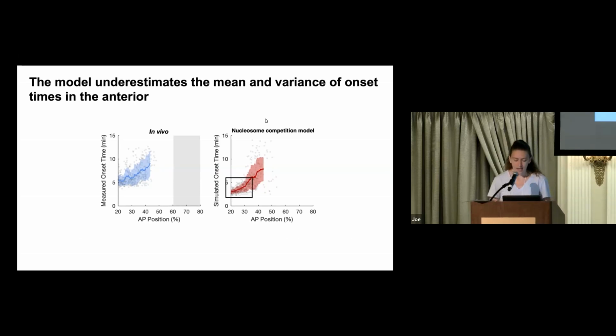However, if you look at the onset times in the far anterior of the embryo at high Bicoid concentrations, the model still fails to predict the onset times, predicting onsets prior to the minimum observed in the data and additionally low variance. So what else could be delaying transcriptional activation at high Bicoid concentrations?